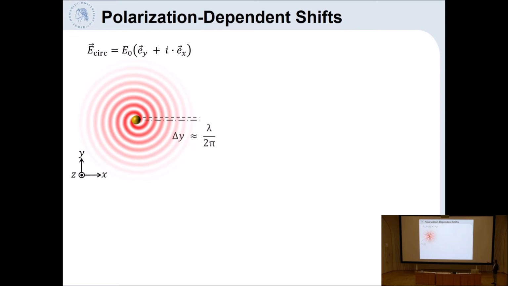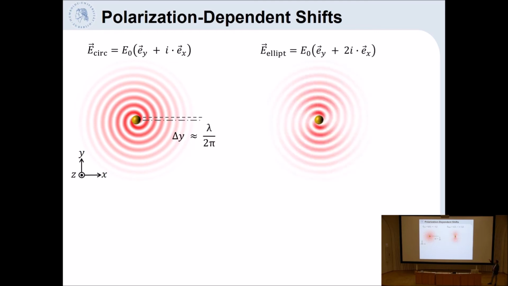So for, as we said, for the linear polarization, for circular polarization, the shift is lambda over 2 pi, but if I now double the amplitude of this longitudinal dipole, then the shift will be just 2 times lambda over 2 pi.